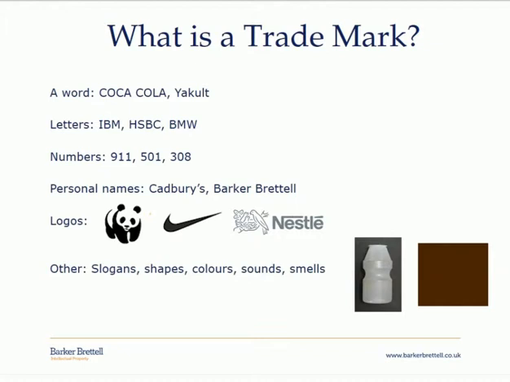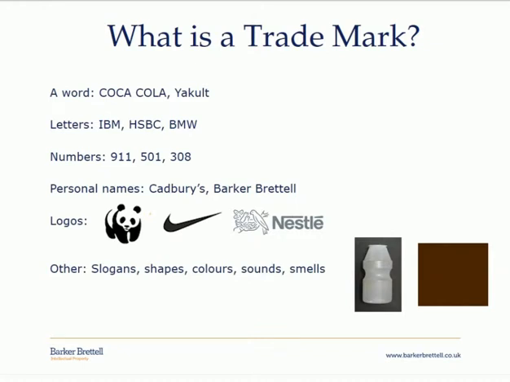You can protect shapes. So here we've got a pot which has been protected, and you might recognise it, it's Yakult's pot, but they've got the shape protected because that's particularly distinctive of their brand. This patch here is actually brown, doesn't look it very much on the projector screen there, but a famous parcel delivery company has got that protected.